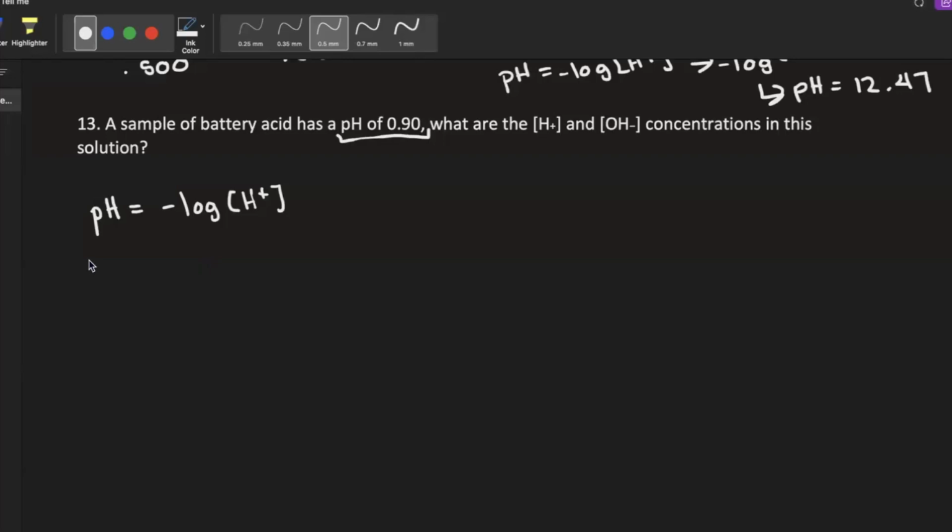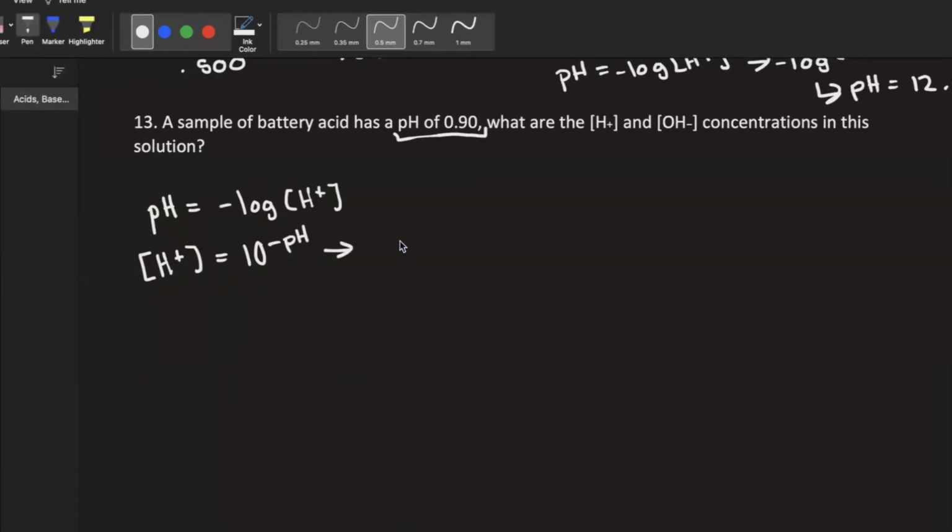But we also know that H plus, our hydrogen ion concentration, is equal to 10 to the negative pH. 10 to the negative 0.9 is equal to 0.125 molarity. And this is going to be for the hydrogen ion concentration.